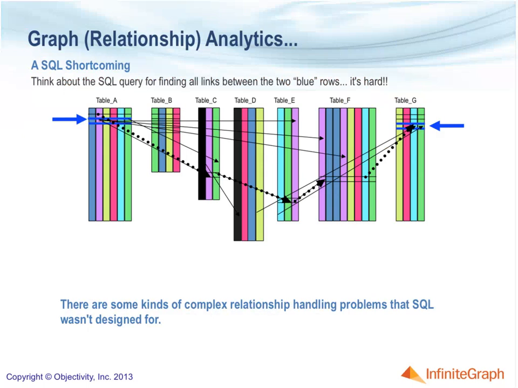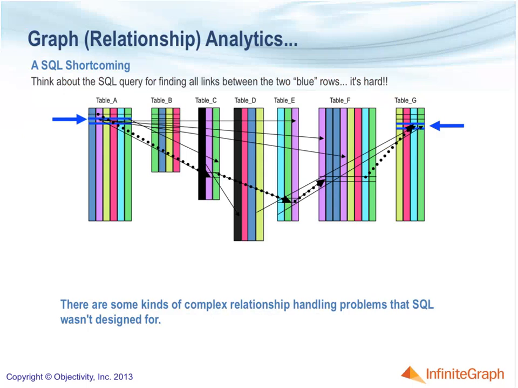If you look at a very simple database, here's a simple relational database with 6 or 7 tables. And if I want to find whether there are any connections between a row in the left-hand table and a row in the right-hand table, that's a pretty nasty SQL query to write. You have to know the type and name of every column.